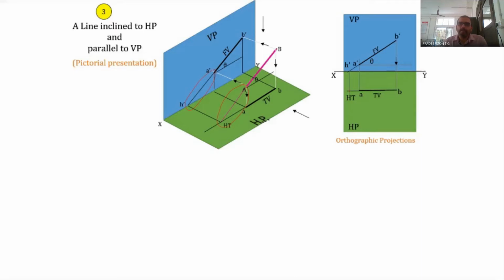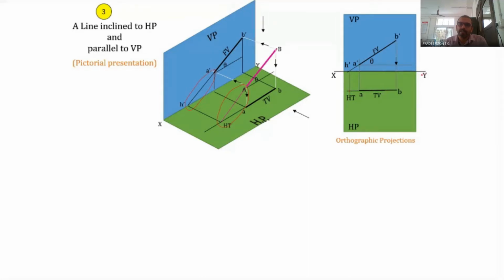And how to obtain it? To obtain the horizontal trace, we have to extend the front view in such a way that it intersects with the XY line at a point H dash. Then that particular point is projected to the top view or the extension of the top view. In some cases, we don't have to extend the top view, and we don't even have to draw H dash, because the line A dash B dash will be intersecting with the XY line.